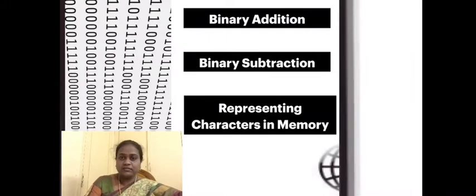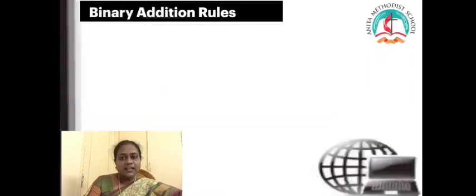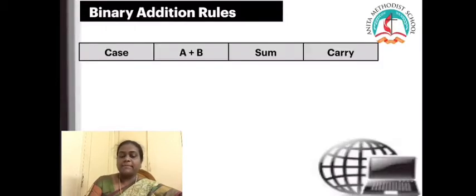First, binary addition. In binary, there are some rules for doing addition. Let's look into that. We have some cases. Based upon the cases, we will get the result and a carry. For binary addition, you have a sum and you have a carry.